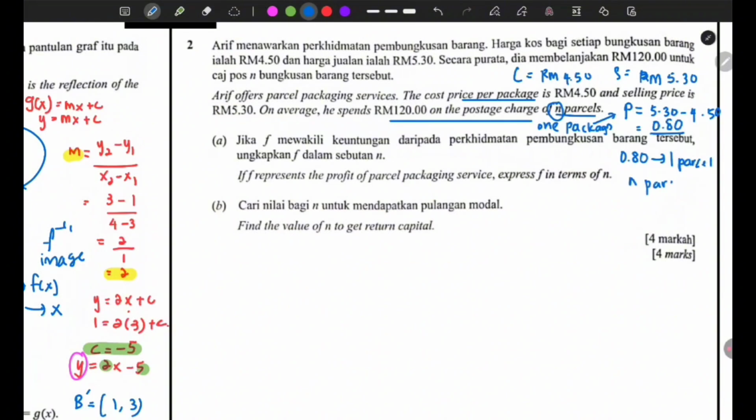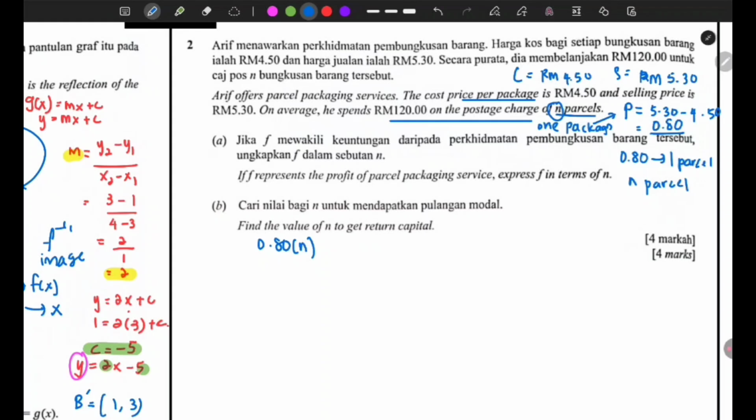That means times n, because let's just say untung for one package is 10 ringgit, 20 packages 200 ringgit, correct or not? You 20 you times 10, right? Same thing, so one parcel 80 cent, n parcel n times 80 cent. So 0 ringgit 80 cent you times n.